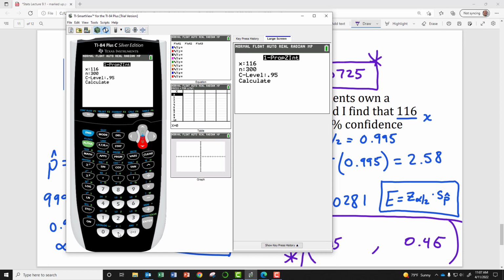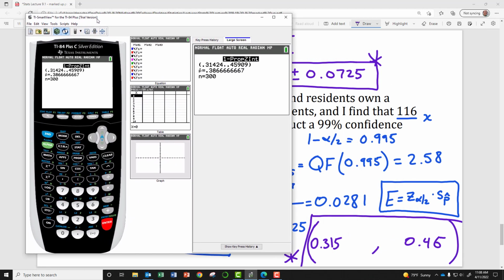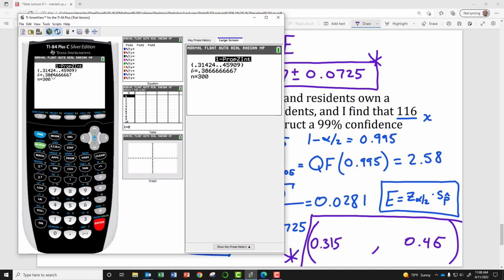So where it says C level, I put in 0.99, and I just click calculate. And it tells me I have a sample proportion of 0.387, which is exactly what we got. And it tells me my confidence interval lower bound should be 0.314. Again, very comparable to what we have. And an upper bound of 0.459, which is again very comparable to what we have at the 0.46.